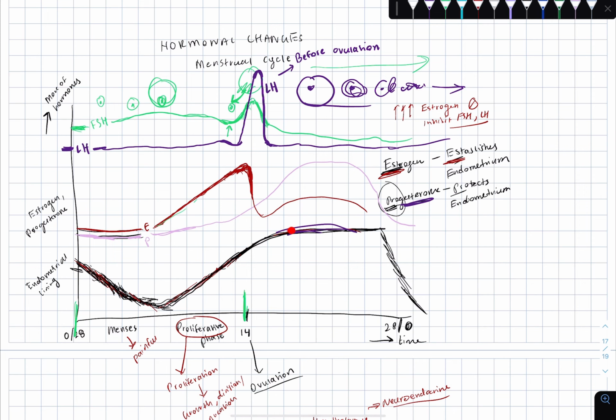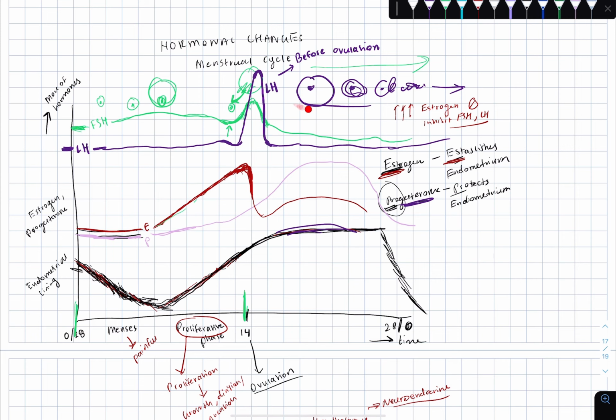Meanwhile, after the proliferative phase, once we enter the luteal phase, this is when the progesterone is going to protect the already established endometrium. So estrogen can start to go down a little bit, but it's still going to be a little bit higher so that we can keep establishing the endometrium and protecting it. And then we're going to see a huge increase in progesterone.